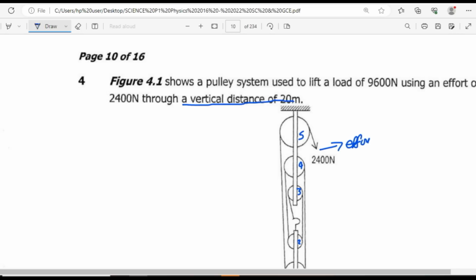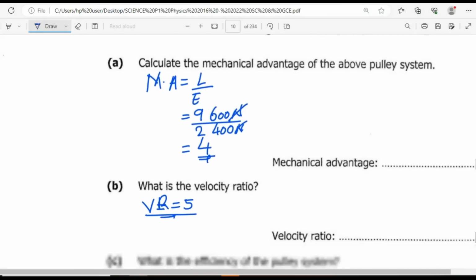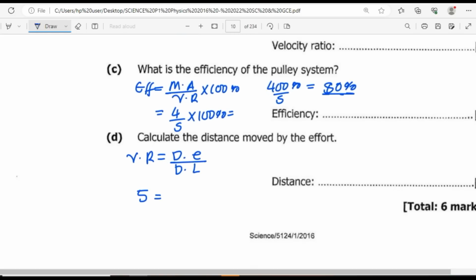So 20 meters is the distance moved by the load. So say DE over 20 meters is equal to 5 over 1, you cross multiply. So whenever you are solving for distance moved by an effort, just multiply the distance moved by the load with the velocity ratio, which is giving us 100 meters as our final answer.